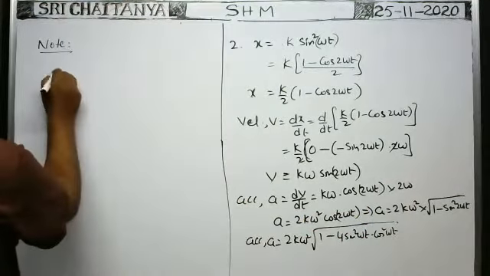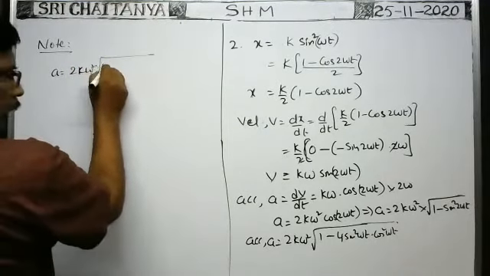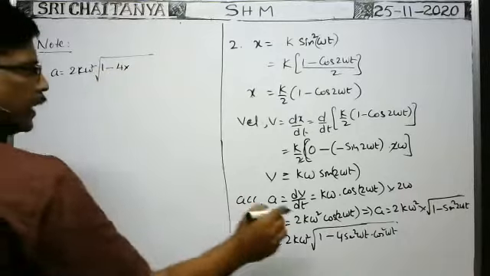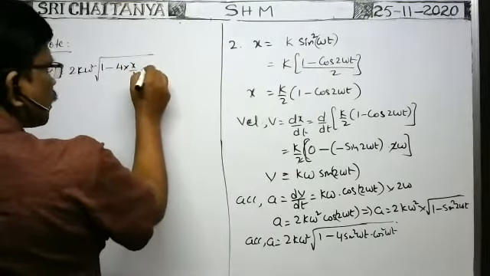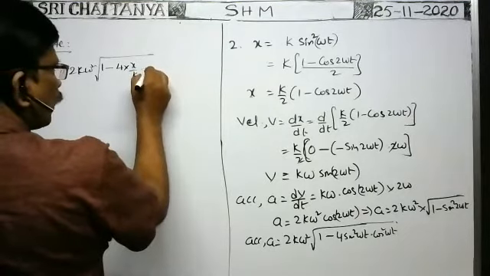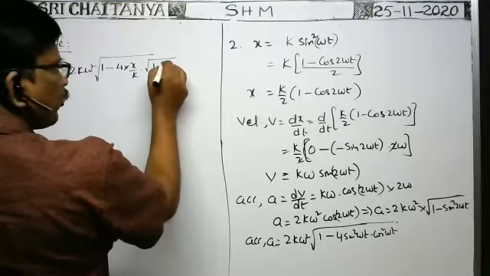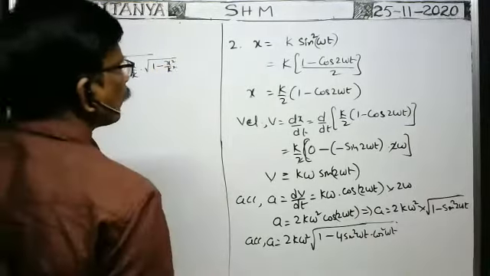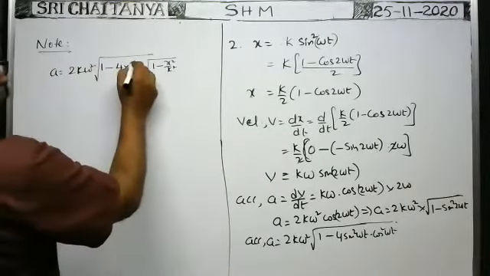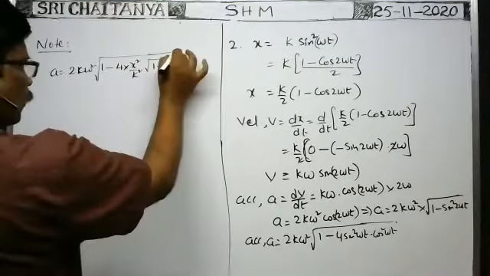Therefore, acceleration a is equal to 2k omega square into square root of 1 minus 4 into sin square omega t, which we can write as x by k, into cos square omega t, which is 1 minus sin square omega t, meaning 1 minus x square by k square. Here also sin square omega t means x square by k square, under root.